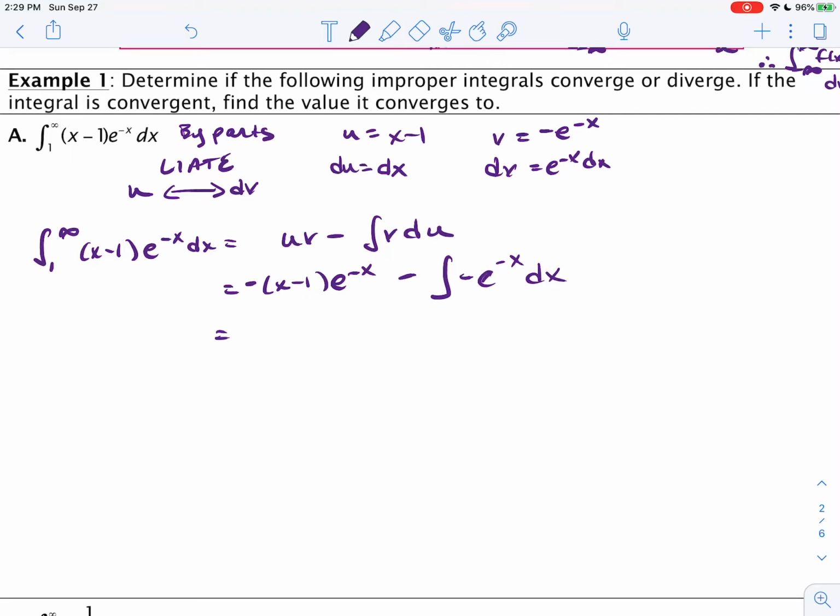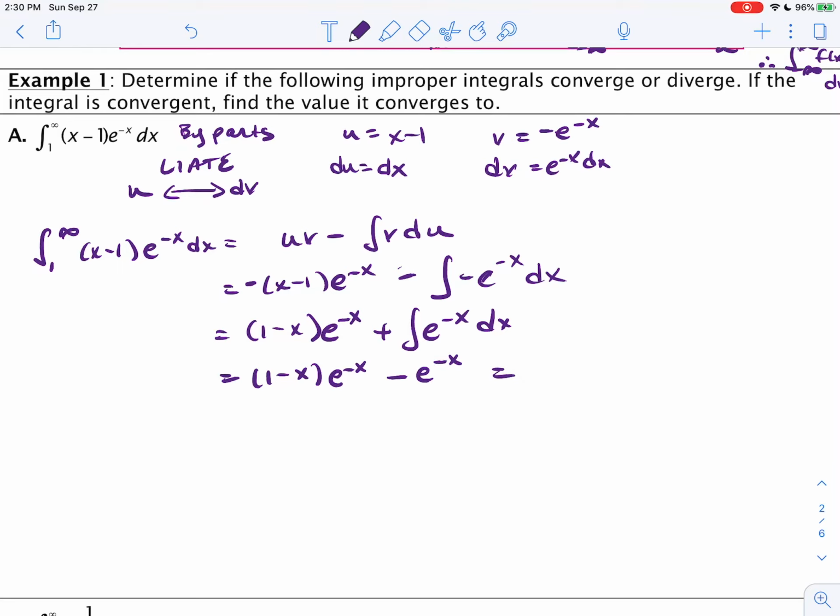Cleaning things up, I'm going to distribute that minus, and I get 1 minus x e to the minus x, minus minus turns into a plus e to the minus x dx, and I can evaluate the integral there directly or using a standard u substitution of u equal to minus x. So I end up with minus e to the minus x again.